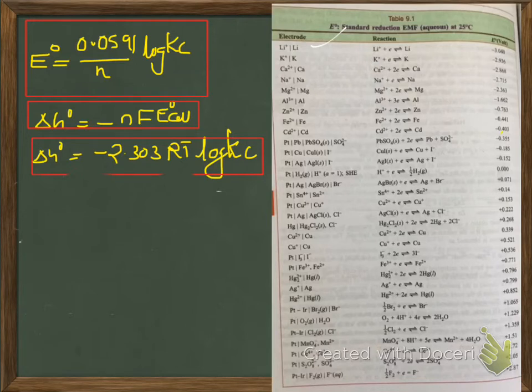As we move down the series, reduction potential slowly increases, the tendency to gain electrons slowly increases, and then metallic character decreases. So we can say that reactivity of metal decreases down the series. Lithium is the highly reactive metal, potassium is less reactive, but generally we can say that this region is a region of high reactivity, up to aluminum.